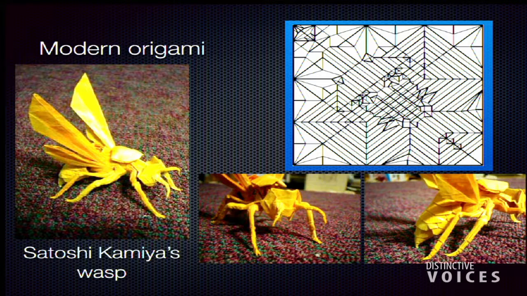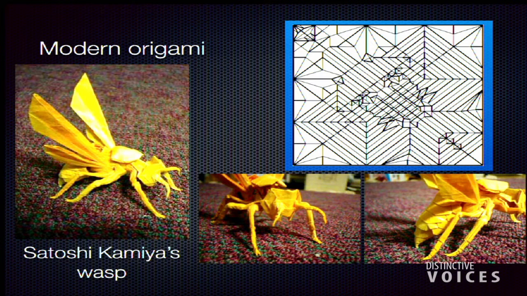But if you think that's wildly complicated, look at this. This is more recent. This is circa 2002, I think, Satoshi Kamiya's wasp. I don't know how well you can see the details here. So there's the whole wasp, but if you zoom in on the head, you can see he even made little, okay, wasps don't have toes, but they have little things on their feet, and he's got them.